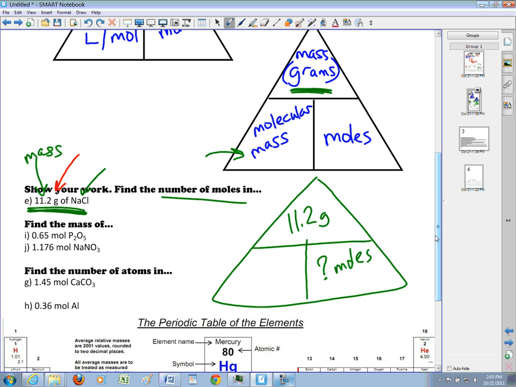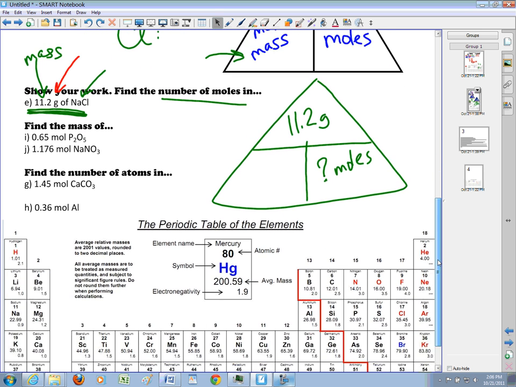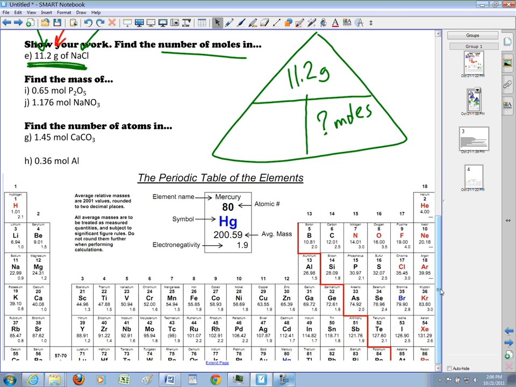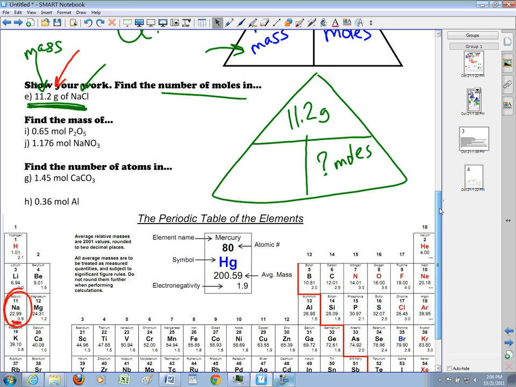To find that mass, the molar mass or molecular mass, I need to add up the total number of sodiums and the total number of chlorines, their atomic mass units. So down below here I have a periodic table. Sodium is a metal. It's over here on the left side of the table. It's 22.99. Now when a number is that close, you can safely round it up to 23. So let's do that.